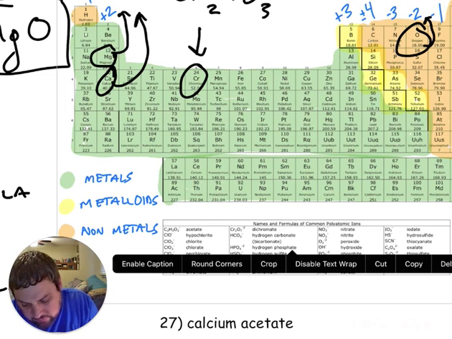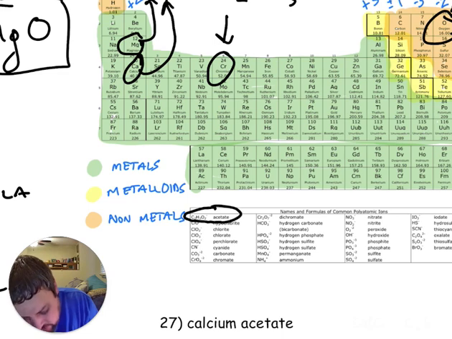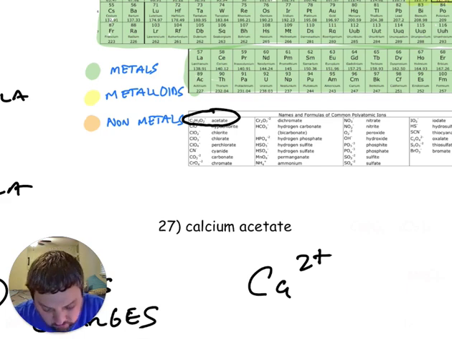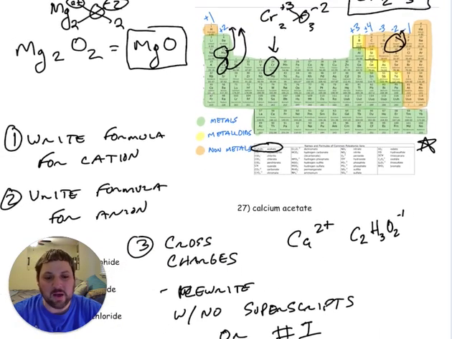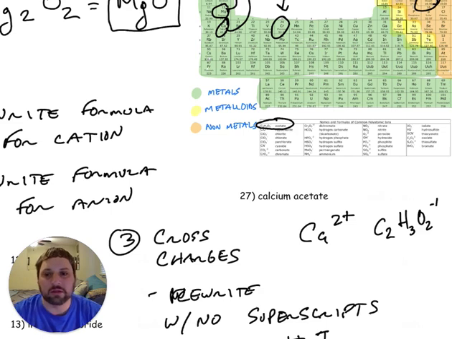Acetate, we can see, is our first compound there. So what are we going to do? We're going to write the formula for the anion. So we can see it's C2H3O2 minus 1.